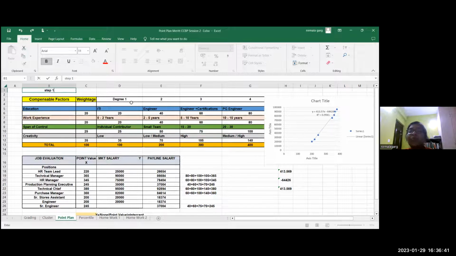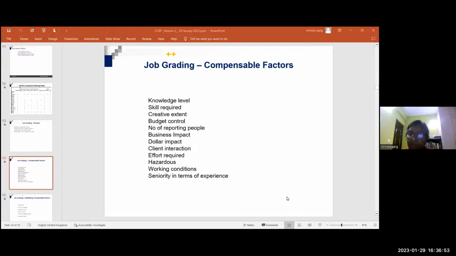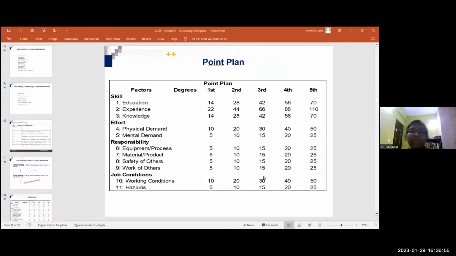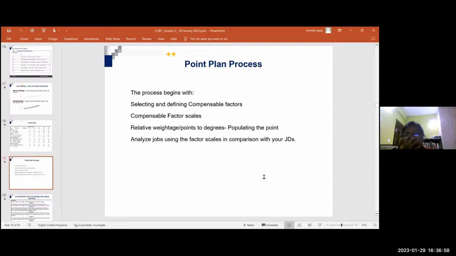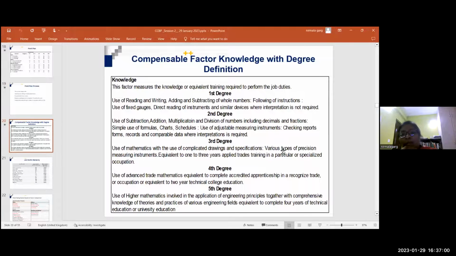Okay, let me just show you what a degree of differentiation looks like for you to understand better. So if you look at this, for example, knowledge is a factor with degrees of differentiation. At the first degree, the intensity or level is just use of reading and writing, adding and subtracting of whole numbers.